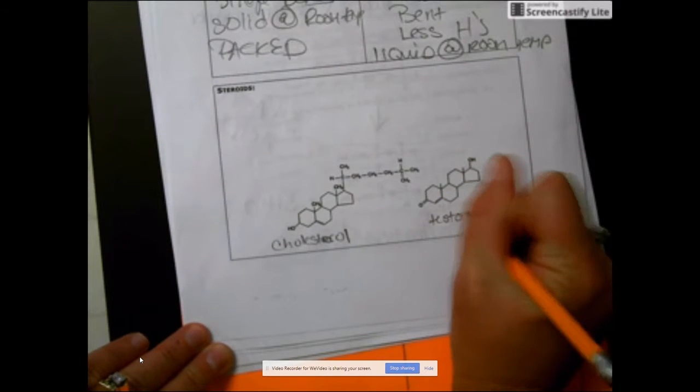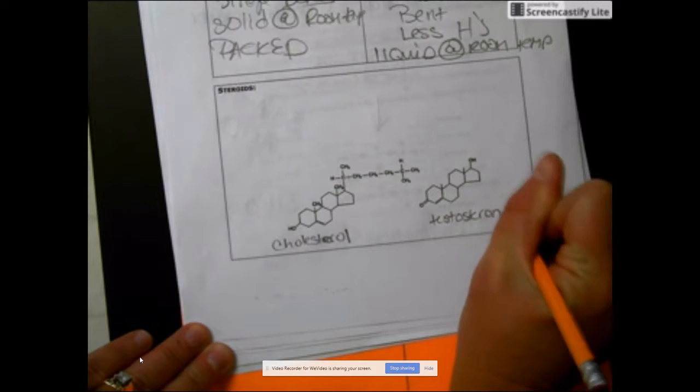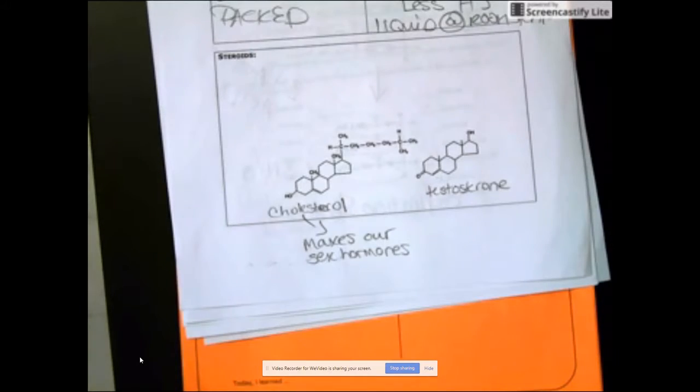If you could make one little change to that testosterone molecule by adding a CH3, that would make it estrogen. So right there, if you just put a CH3 on there, it would change the whole property of that hormone. Cholesterol makes our sex hormones, so without it, we can't do that.